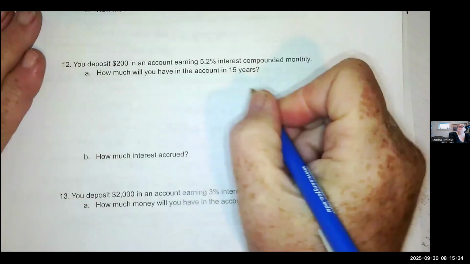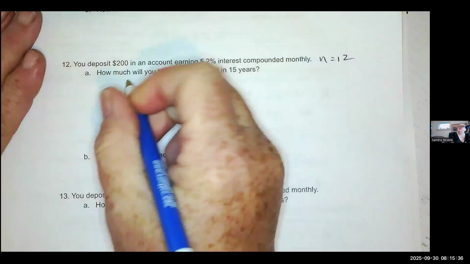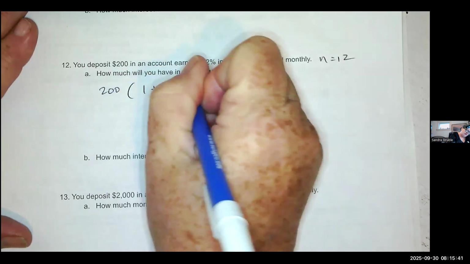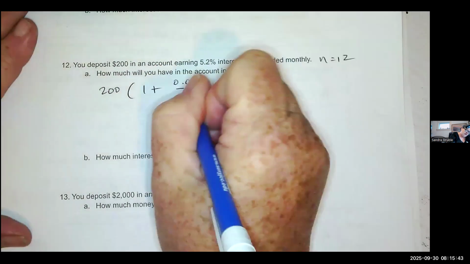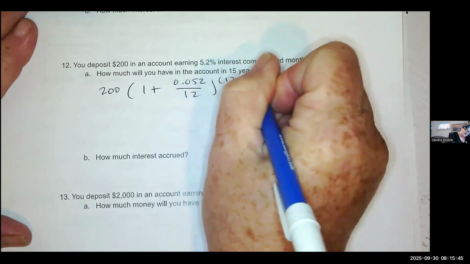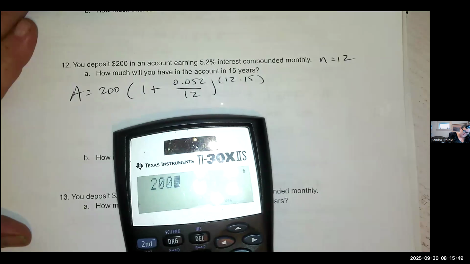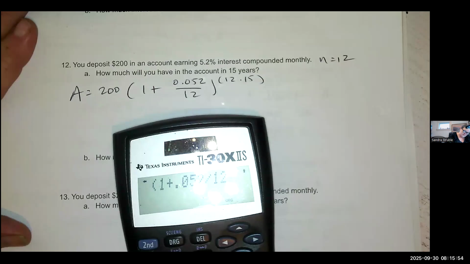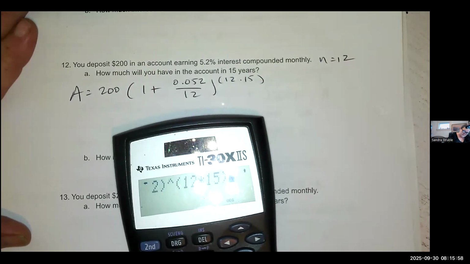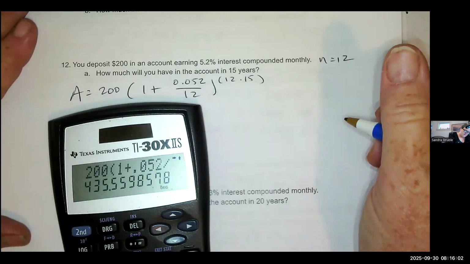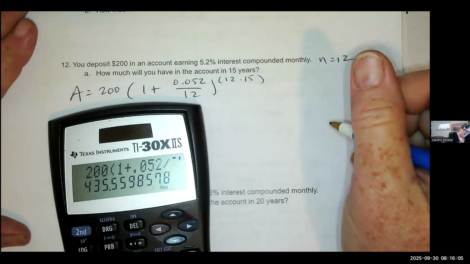The next one, compounded monthly, same thing. In case you decide to do this, it's 200 times (1 plus 0.052 over 12) raised to the 12 times 15. And I got, 15 years, 5.2% interest.